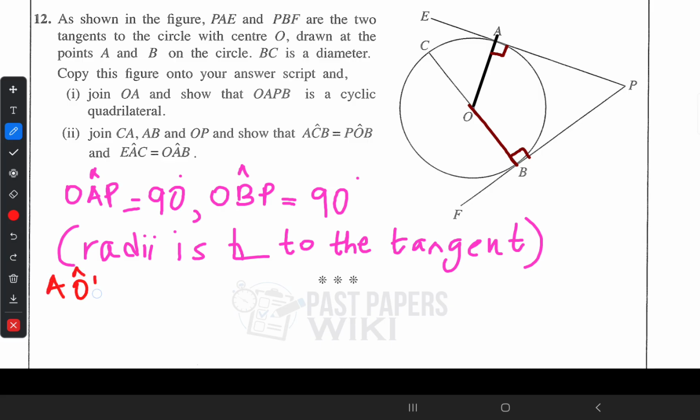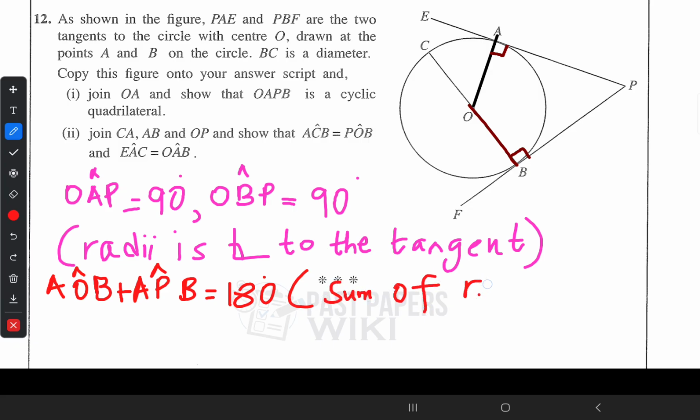AOB plus APB equals 180. Why? You should write the reason clearly here as well. Because the sum of the remaining two angles in a quadrilateral.